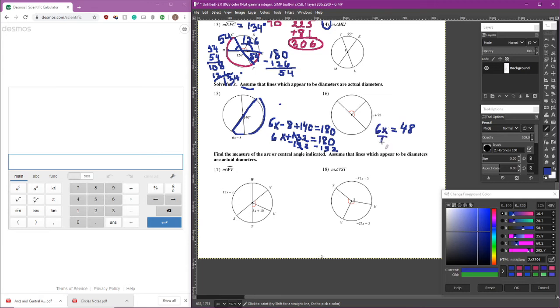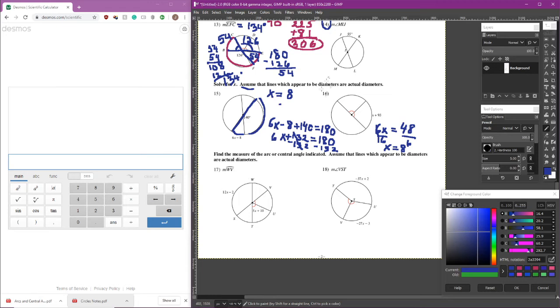I'm going to divide by 6, and x equals 8. Okay, that's the answer for number 15. X equals 8. I'm going to write it over here so that we're not confused. It only tells us to solve for x, not to tell us how big these angles are. So you're done right here.